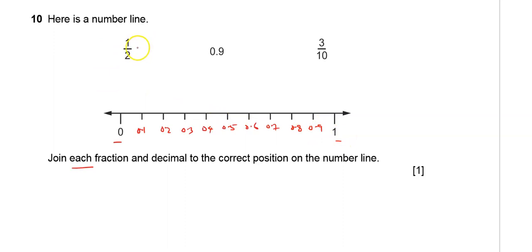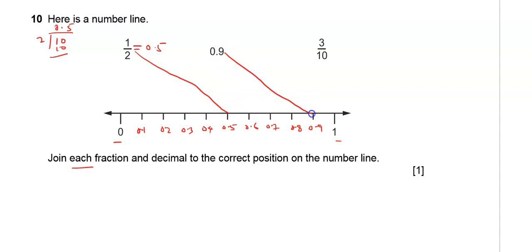So we need to convert a half to a decimal. A half is 1 divided by 2. 2 is greater than 1, so we put 0 and get 10. What number do we multiply by 2 to get 10? The number is 5. So a half is 0.5. So we draw 0.5 to that point.